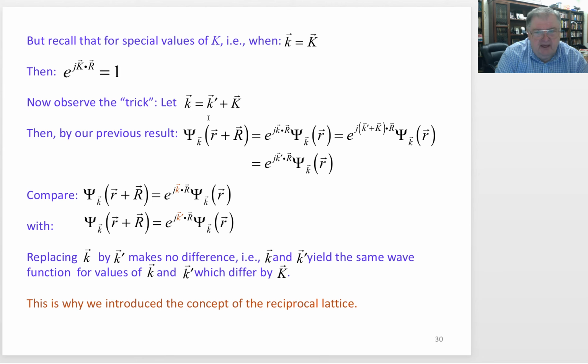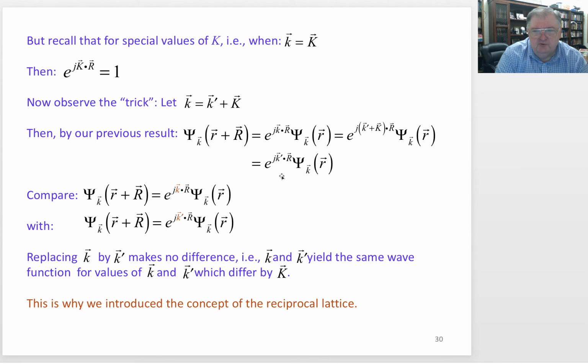Because if I do that, watch what happens. By our previous result, we found that the wave function is periodic in R. We get this additional phase shift factor. If I express the k as I'm suggesting here, with k prime plus big K, well, e to the j big K dot big R is equal to 1.